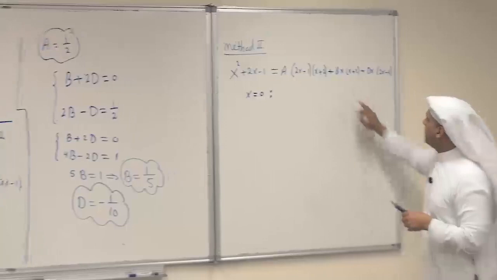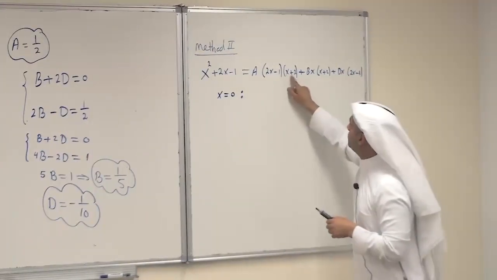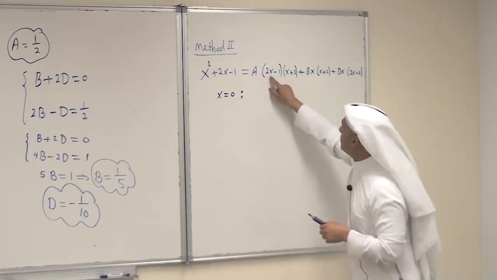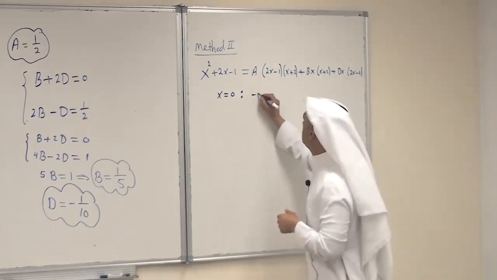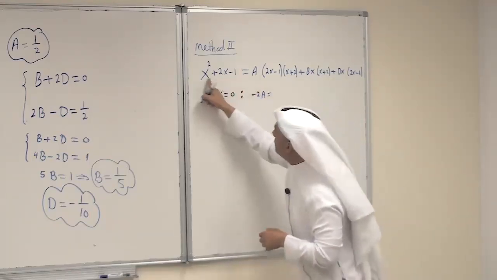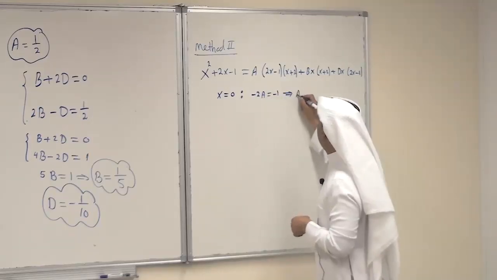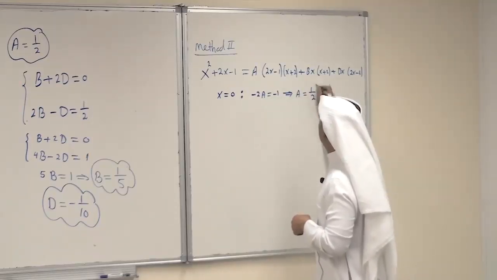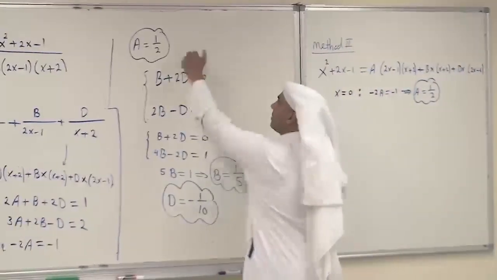You can figure out that this will be 0, this will be 0. So what do we have? 0 plus 2 is 2. 0 minus 1 is minus 1. 2 times minus 1 is what? Minus 2. So it is minus 2A is equal to, if you substitute 0 here, what do you get? You get minus 1. So directly you can get A is equal to 1/2. So you get the value of A as it is appearing here. A is equal to 1/2.